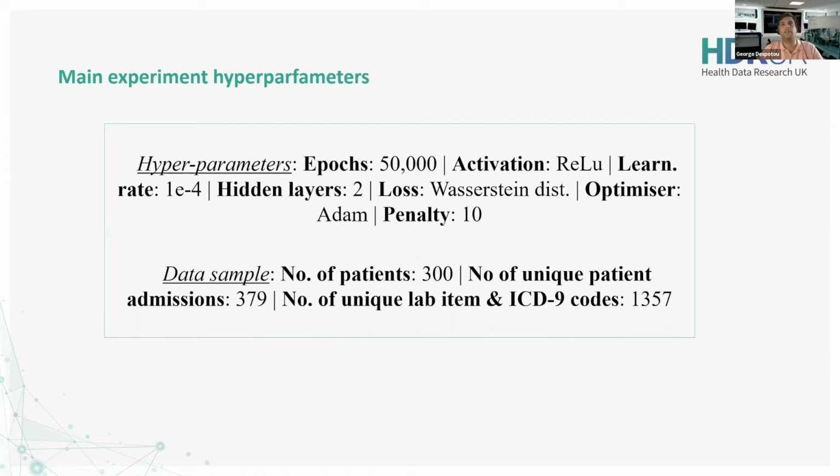And then these 379 admissions corresponded to 1,357 lab items and ICD-9 codes. So again, you can see that with relatively few patients, we get lots of lab tests codes and ICD codes that increase the computational requirements of the experiments. So again, with thousands of patients, this would need days. We did perform less accurate experiments with thousands of patients, and they were taking days.